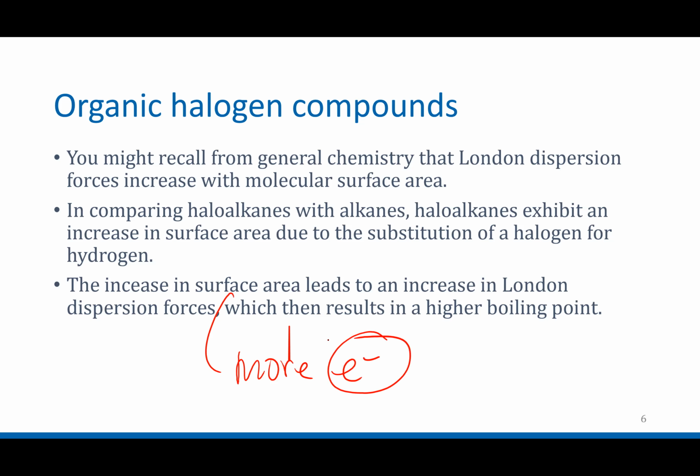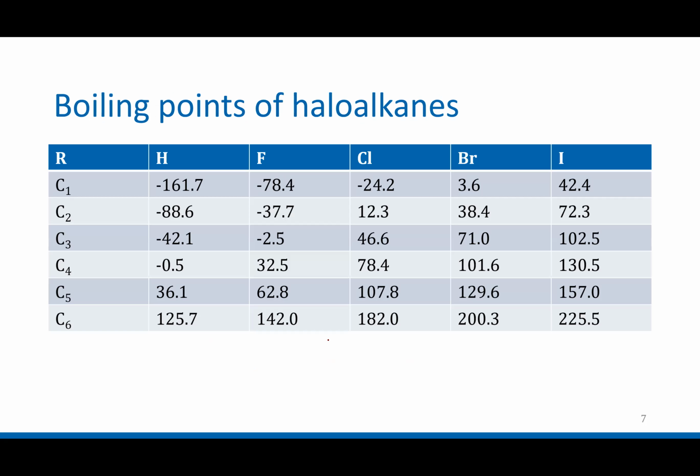And that increases the boiling point. So that would be a good multiple choice for your final exam, for example. I could give you a list of hydrocarbons and ask you to tell me which has the highest boiling point. If it's an alkane compared to the same haloalkane, the haloalkane would be higher.